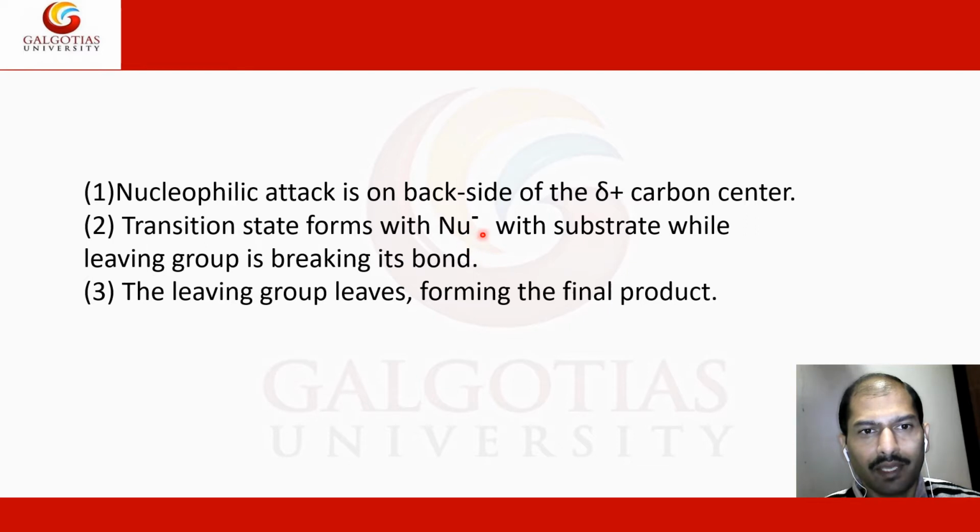So it makes a bond with the carbon, and another bond, to the leaving group, is broken. The leaving group leaves, forming the final product once it is completely removed from the substrate.